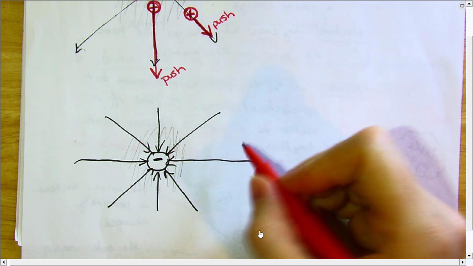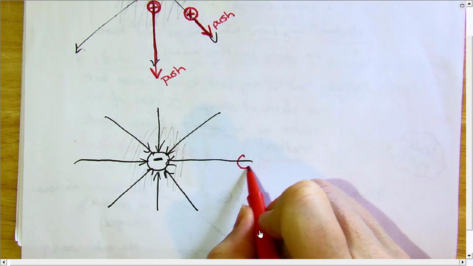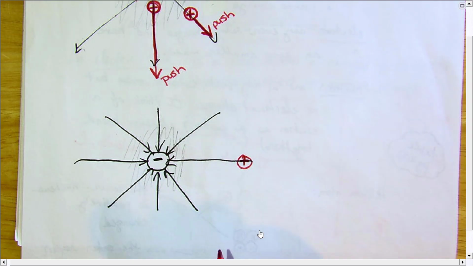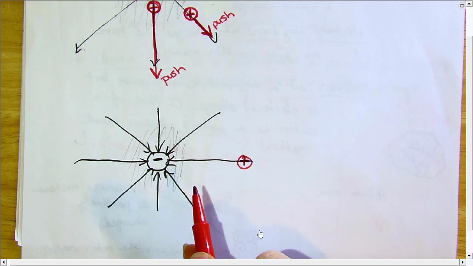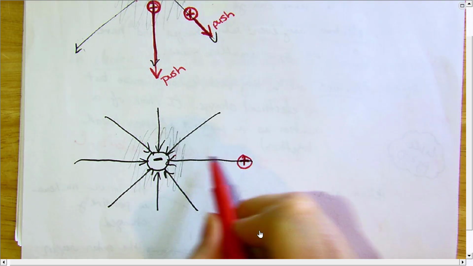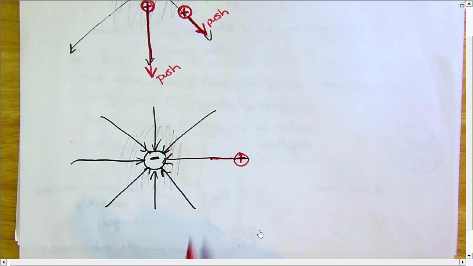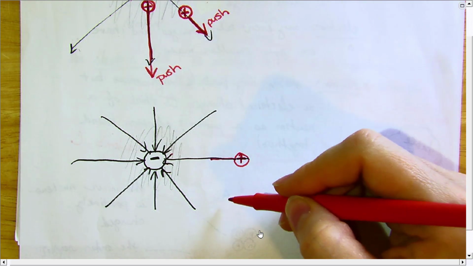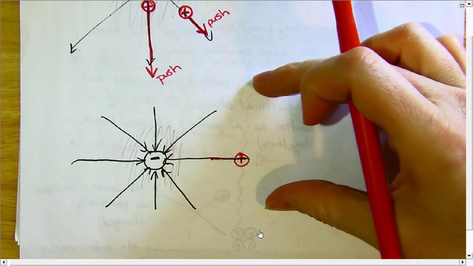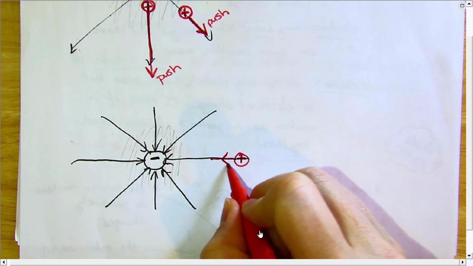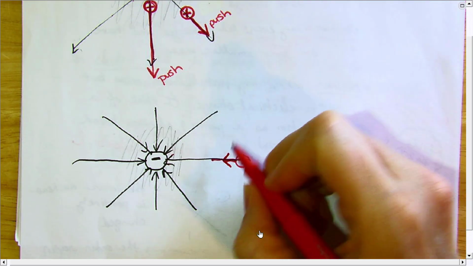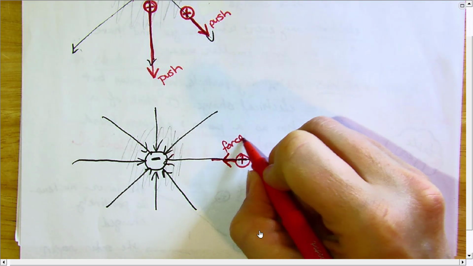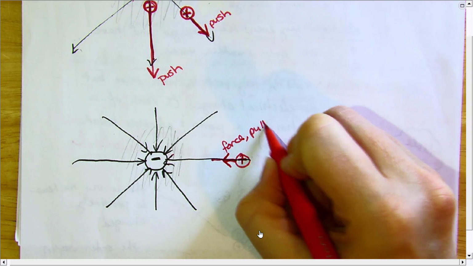And if I was going to imagine a positive charge here, its direction of push or pull would be along this arrow, that way. It's out here where the field lines are spread apart, so let's imagine it as a weaker force. And you could call it a pull.